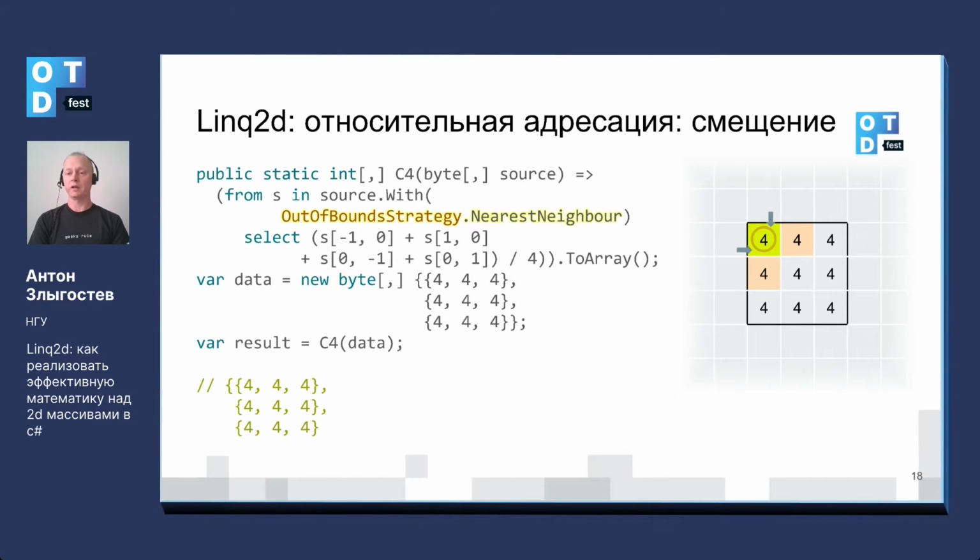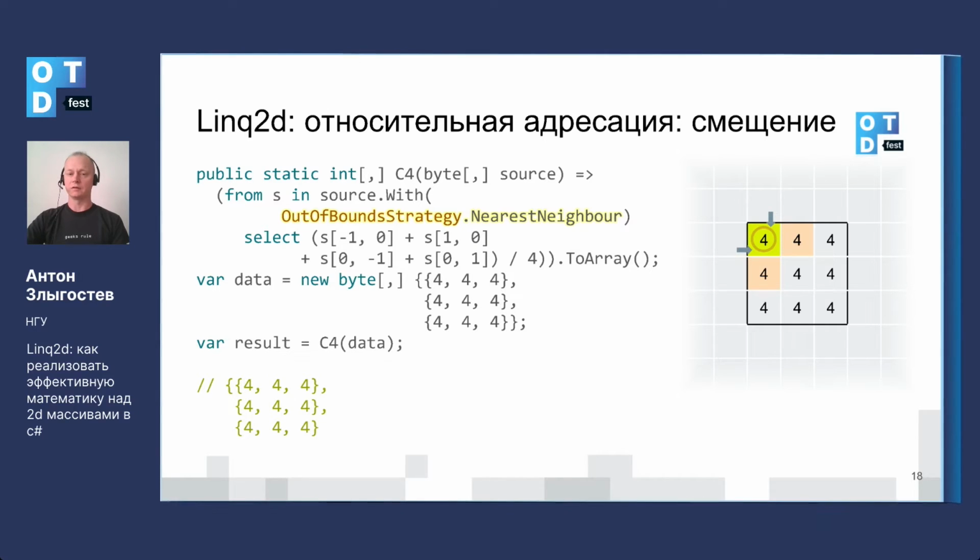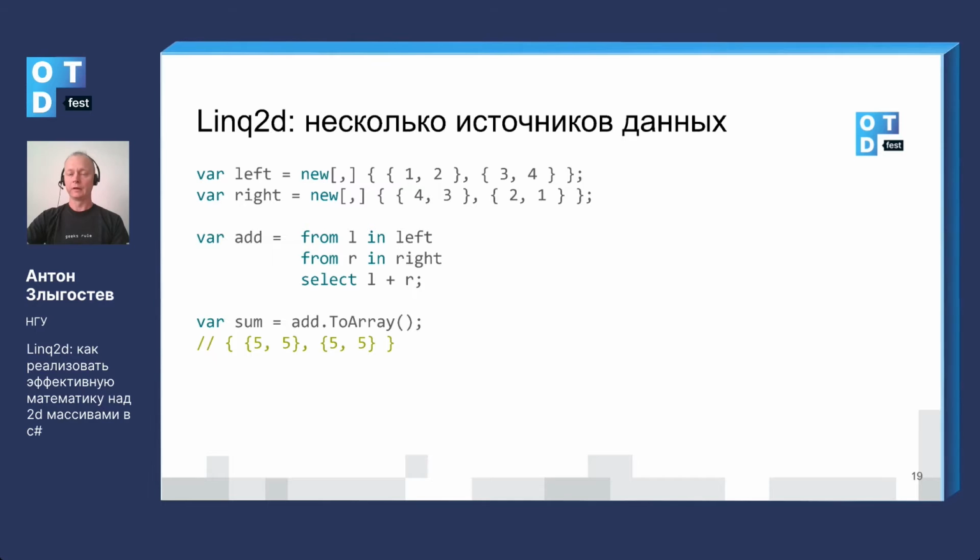And we have the strategy for nearest neighbor, which carries our request to the nearest one that has the value. So those two values will be replaced by the 4. So for all 4s we get the same form, which is intuitively what is expected from any averaging filter.